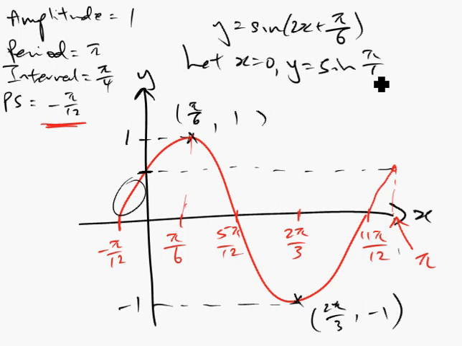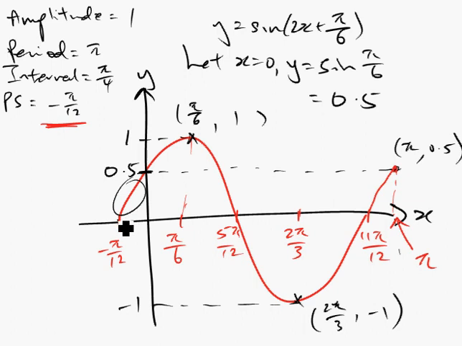Just simply pi over 6. Okay, and you press your calculator, what do you get? This is 0.5. Okay, it's exactly half. So this point here is 0.5, which means that this point here, what's our x value? pi. What's the y value? 0.5. Okay?